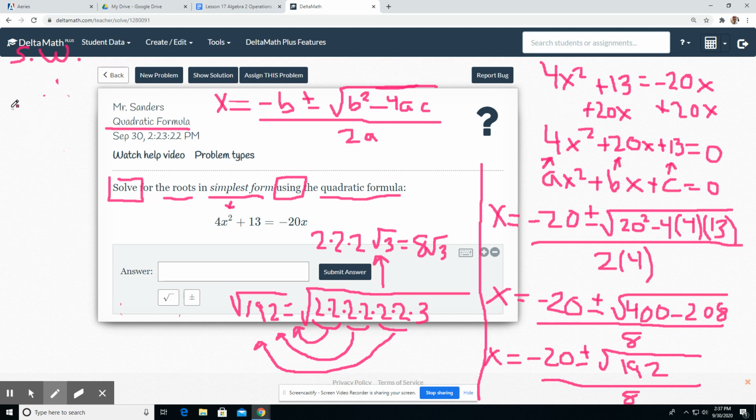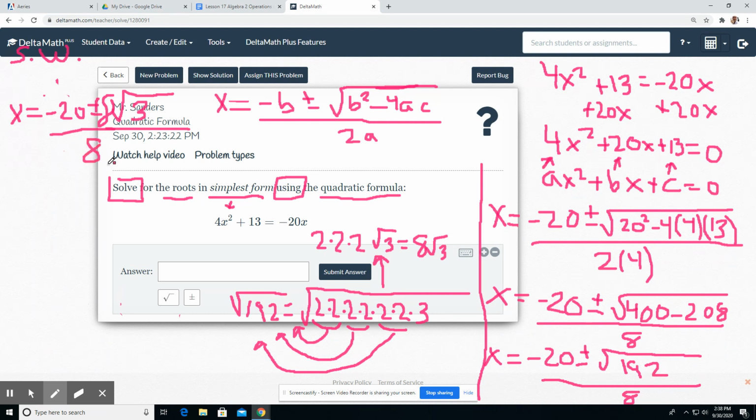I can now rewrite that as x equals negative 20 plus or minus, instead of the square root of 192, 8 square root of 3. That's what I found right here. 8 square root of 3 is the same thing as the square root of 192. All of that is over 8.